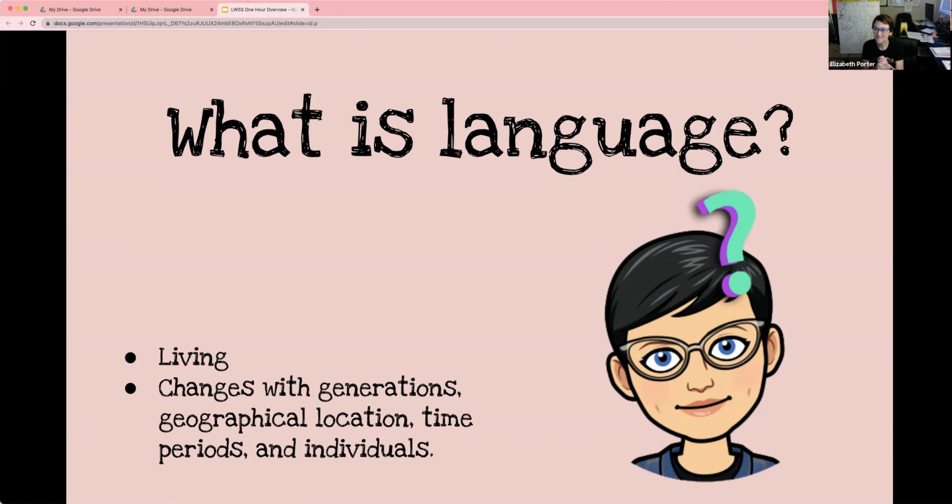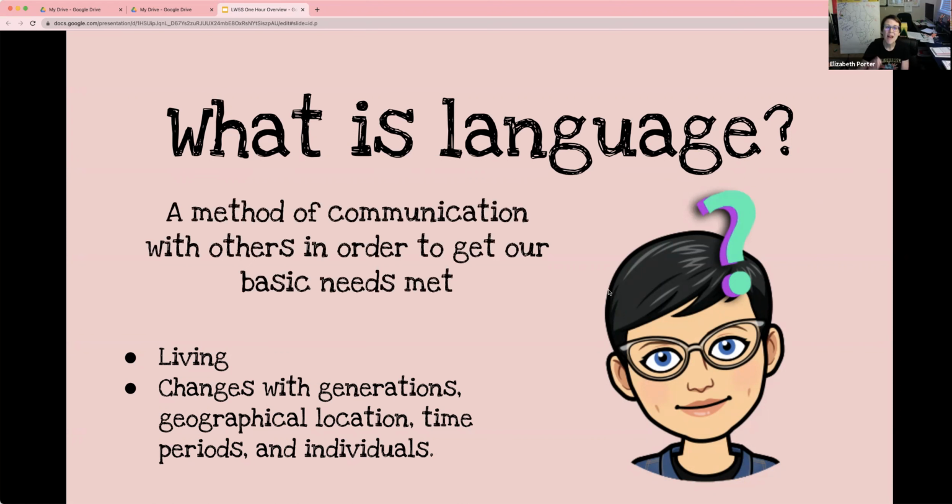What is it? Language is living. It changes with generations, geographical location, time periods, and individuals. So language is a method of communication with others in order to get our basic needs met.